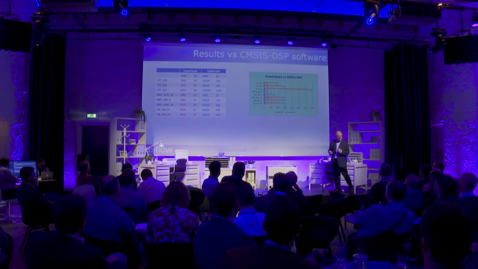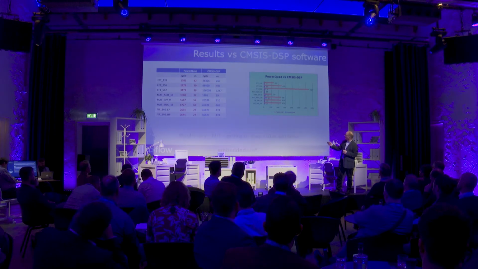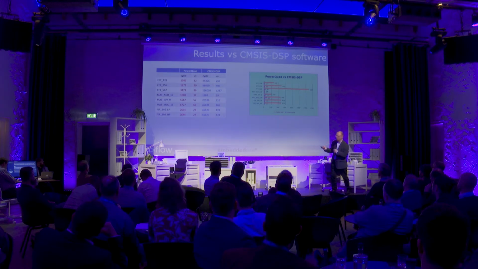The effect of that is that, of course, it's hardware acceleration. So it's massively, massively faster to compute some kind of DSP algorithm in the accelerator than it is in the core. So we're just comparing the cycles to implement some algorithm, and comparing it against doing it in software on the chip.